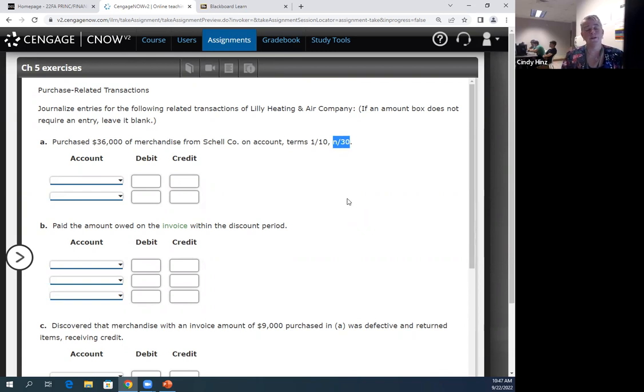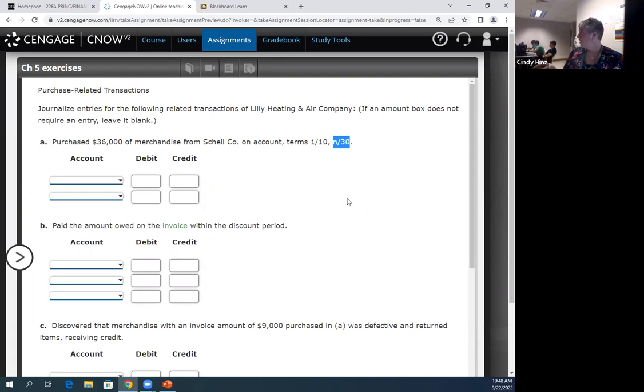So one other thing about those payment terms, these are negotiated or negotiable between the buyer and the seller. So if you have power, if you are a very good customer, a big customer of, in this case, Shell Company, then you can bargain with them for any of those terms. You can say, maybe I'd like a 2% discount, a 3% discount. So the percentage of the discount is negotiable.